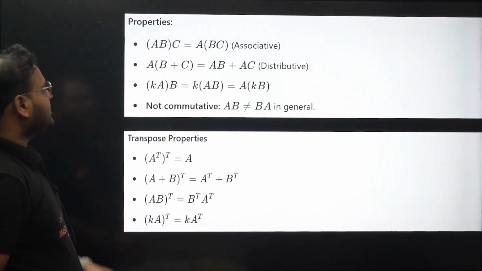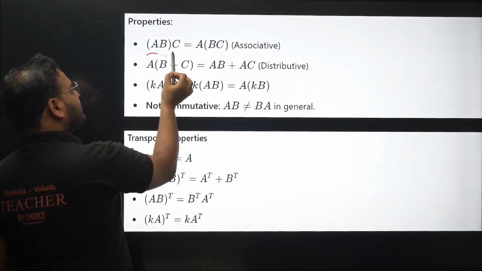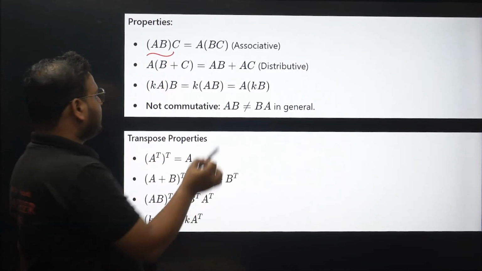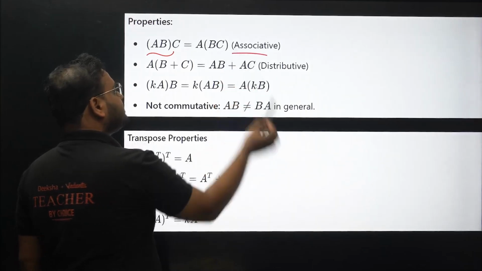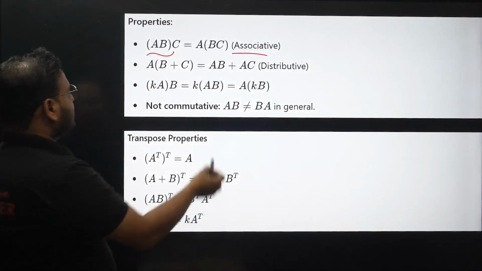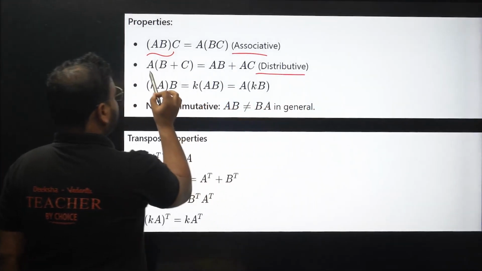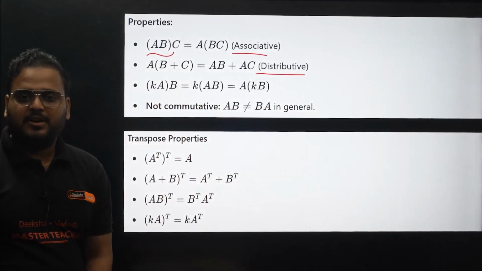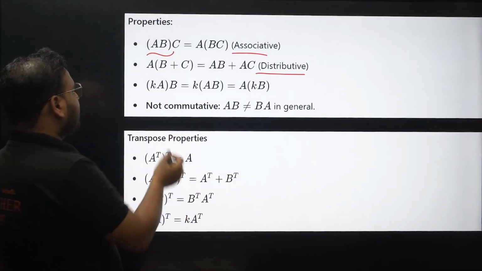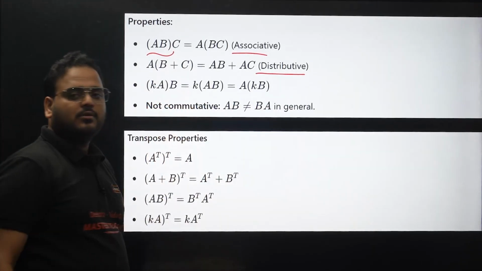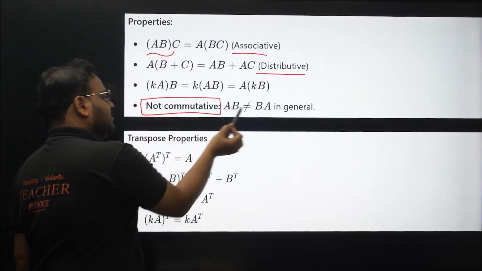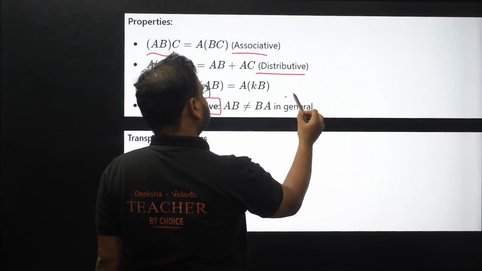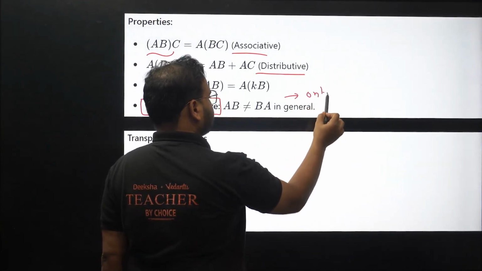Moving on, properties. The product of matrices is associative in nature. You can multiply them like this, AB into C or A into BC. That is true. It is also true for the distributive property, you can multiply A with B plus C, written as AB plus AC. You can multiply a constant K with that also, but it is not commutative. It is true only in the case of inverse.